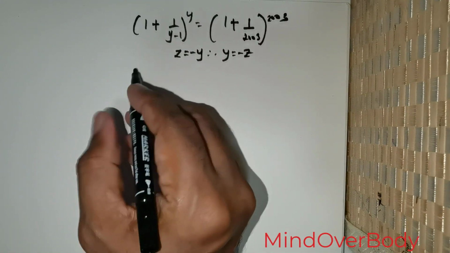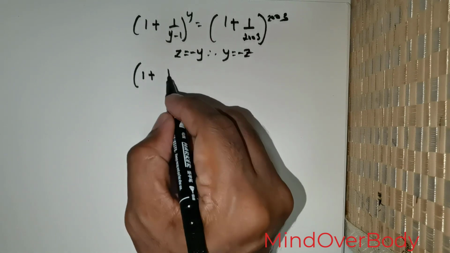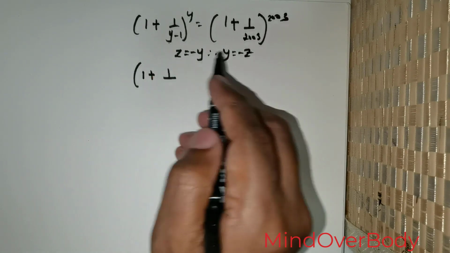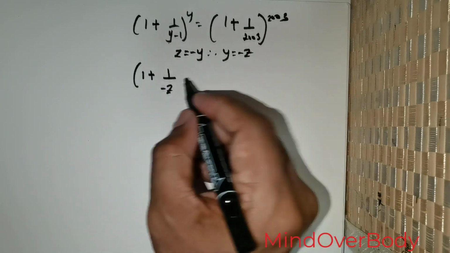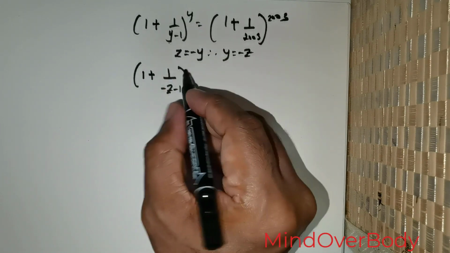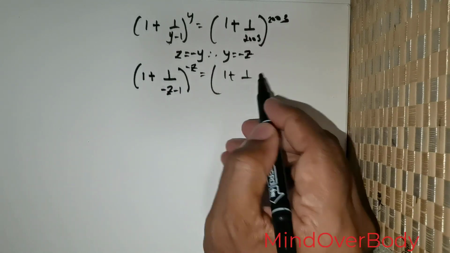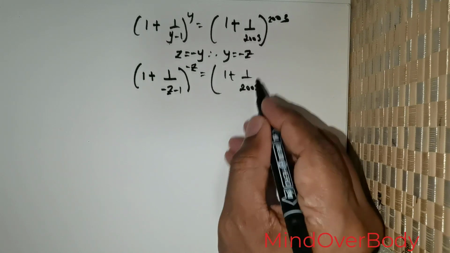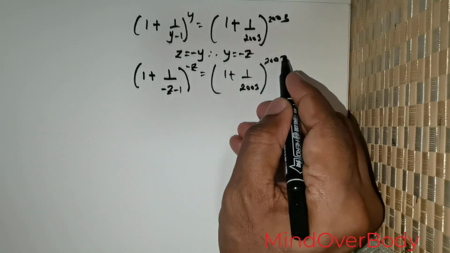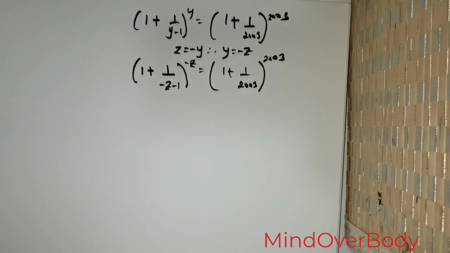If I make the substitution, this is going to be 1 + 1/(-z - 1), raised to the power of negative z, which is equal to (1 + 1/2003) raised to the power of 2003. So we got a beautiful system here.